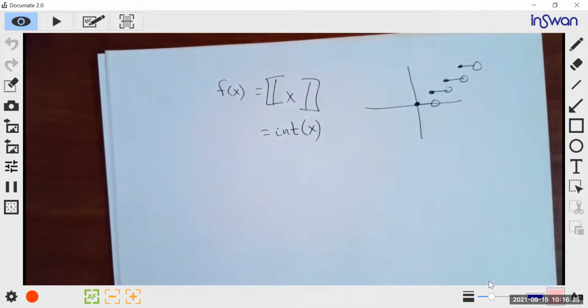That's what it looks like. That was the last graph we did the other day.